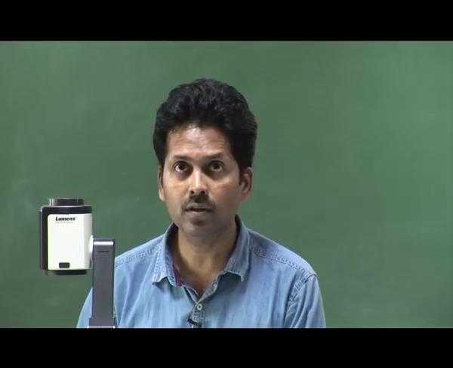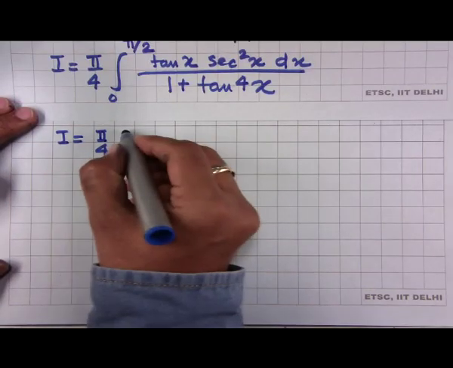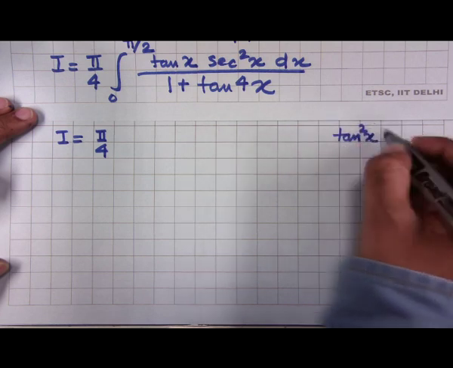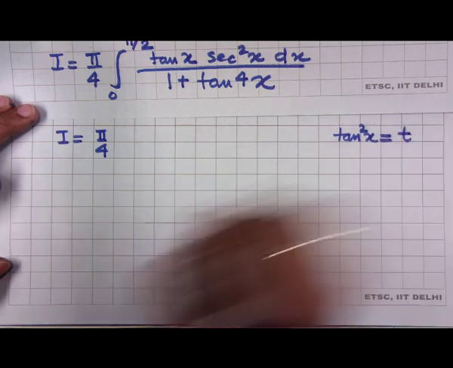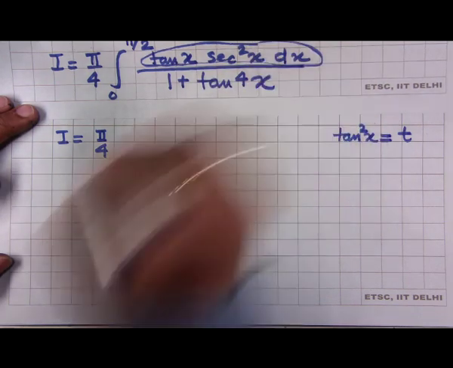So therefore I is equal to pi by 4 tan square x. Let us take that tan square x is t, so that this will be your dt.